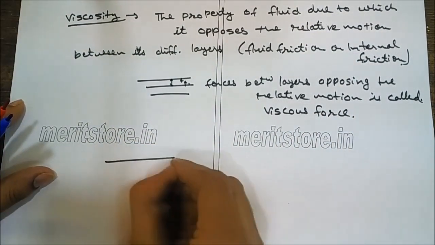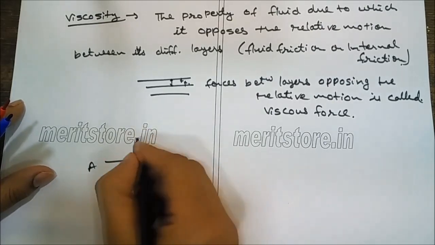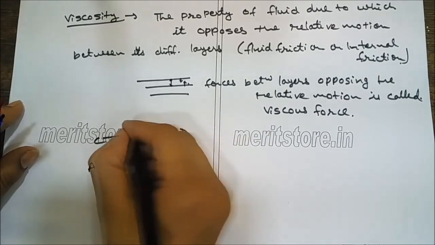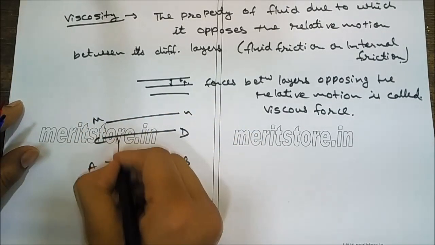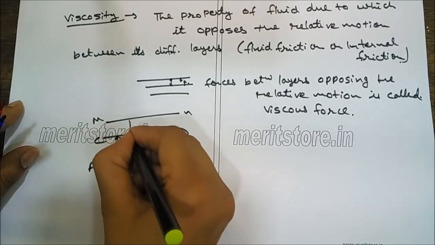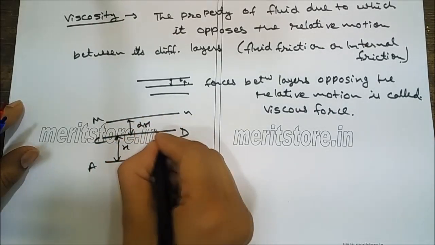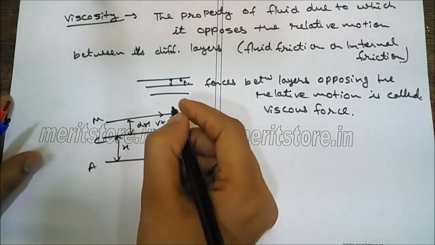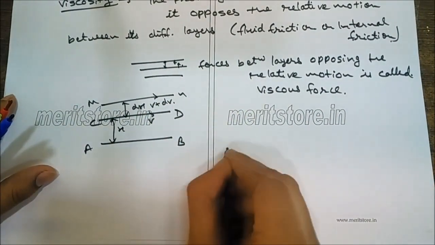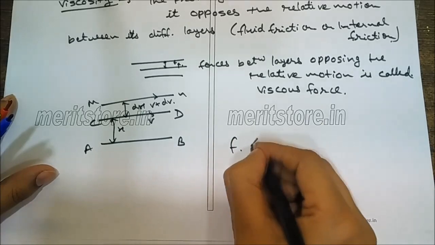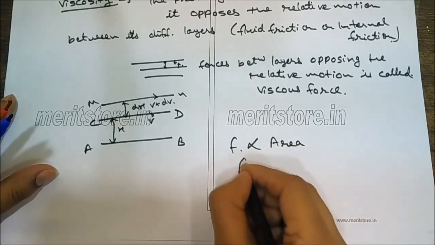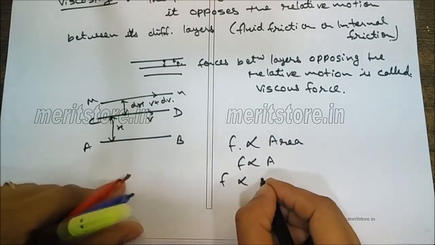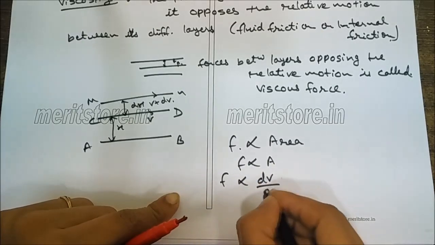If we take a layer AB moving, with CD and MN, this is the distance x, this is the distance dx. This layer is moving with speed v, and this is v plus dv. Then we can write that the friction force F is directly proportional to the area A, and F is directly proportional to the velocity gradient dv by dx.